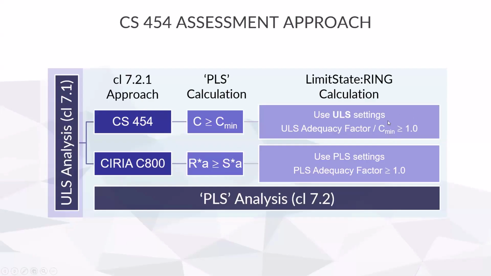Or if we're using the CIRIA C800 approach, where they're looking at resistance as being greater than the actions on a structure, then we can use the PLS settings and we can look at an adequacy factor being above 1. And we'll look at both of those in a second.